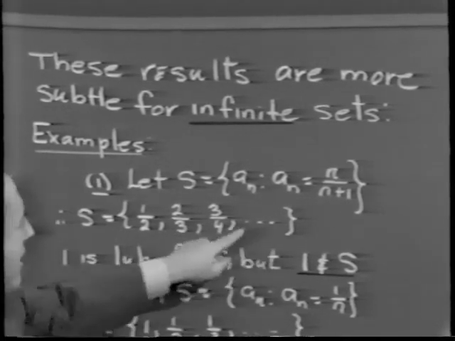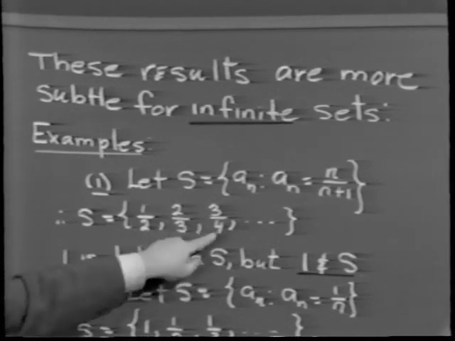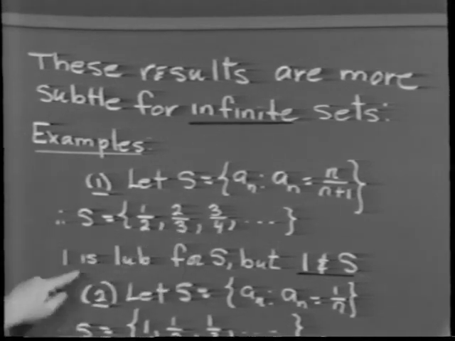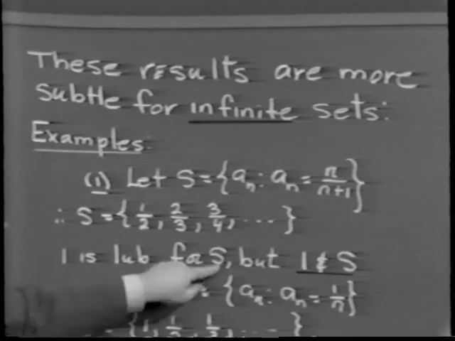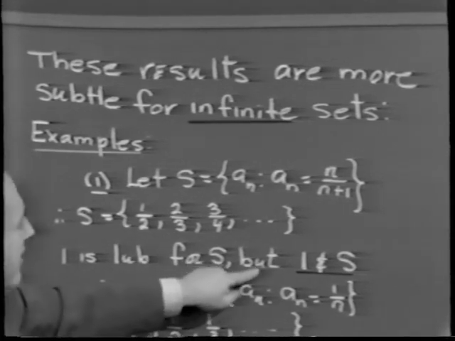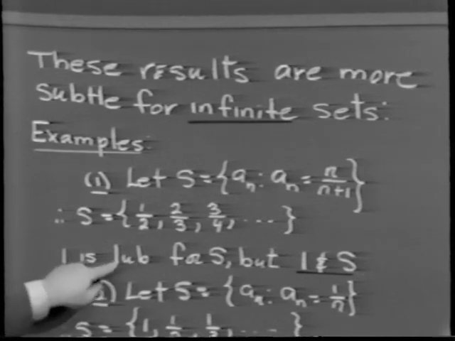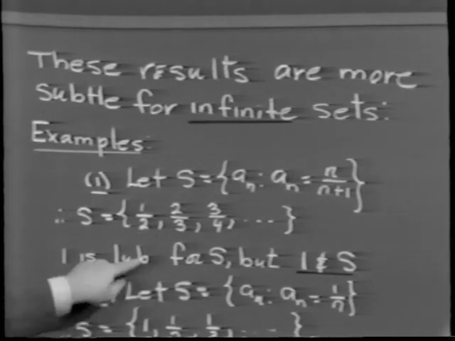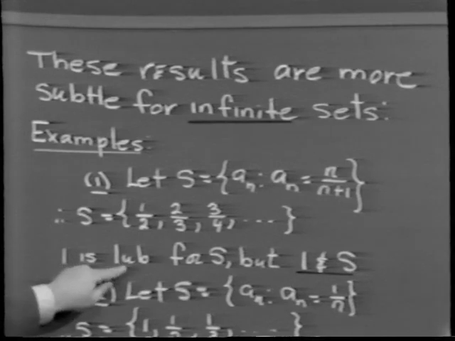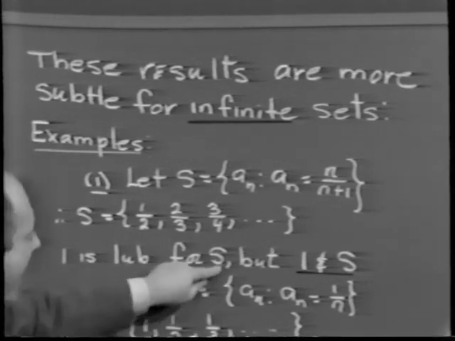In fact, 1 is the smallest number which exceeds every member in this collection. In other words, 1 is the least upper bound for S, but observe the interesting case that here, and by the way, notice the abbreviation that we use in our notes, LUB, least upper bound, GLB, greatest lower bound.